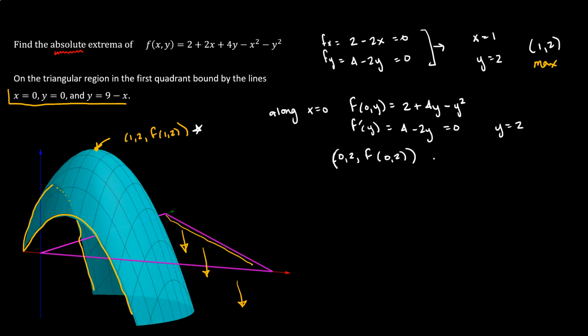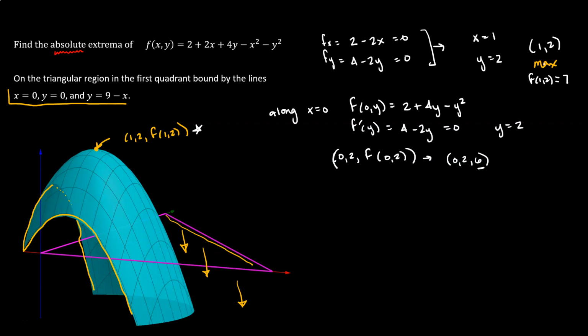So f at (0, 2), we would see 2 plus 4 times 2, so 2 plus 8, that's 10, minus 4, that would be 6. So we're comparing this 6 to the value that comes out of our function when we plug in (1, 2). So f at (1, 2) would be equal to 7.